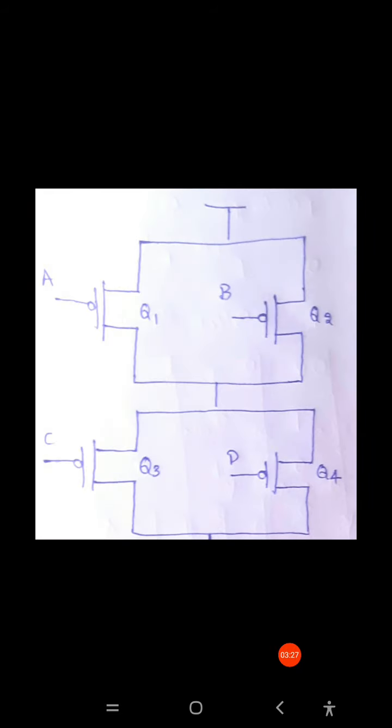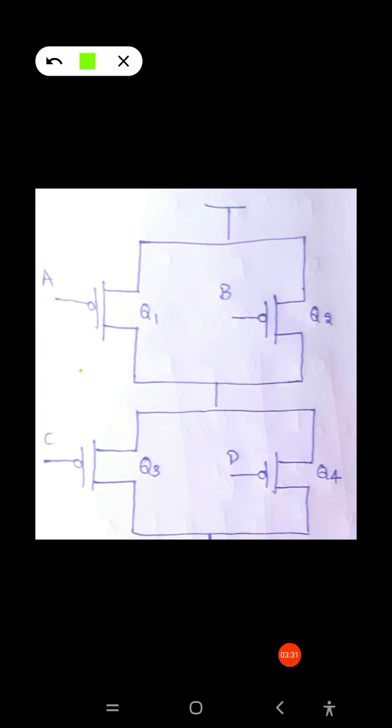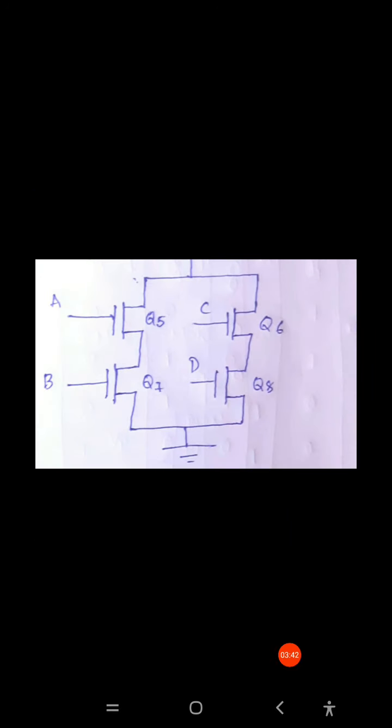Overall, now connect the PMOS transistors and NMOS transistors separately. These PMOS transistors are connected separately; these are for AB inputs and these are for CD inputs. Here the connection is there. This is for the PMOS transistors, and this entire block is for the NMOS transistors.